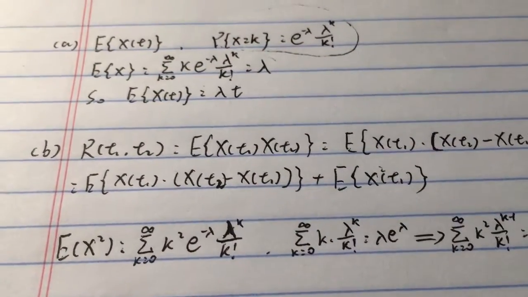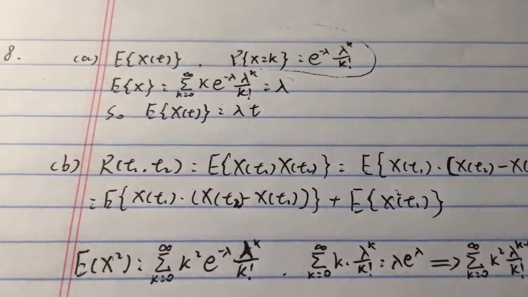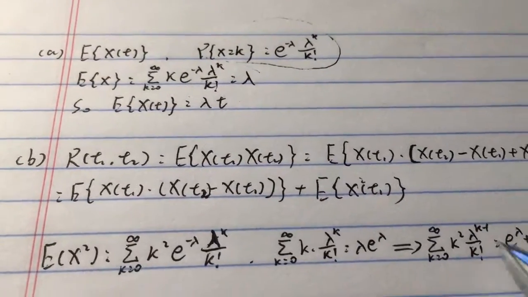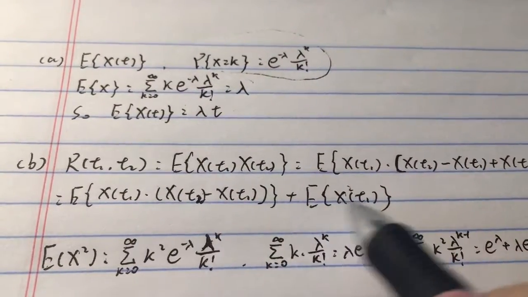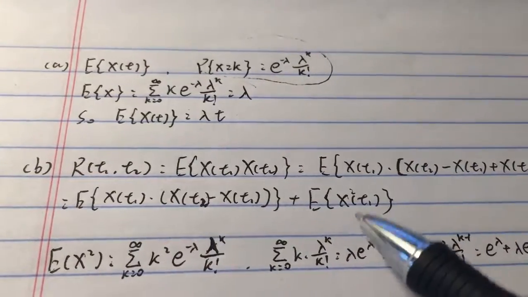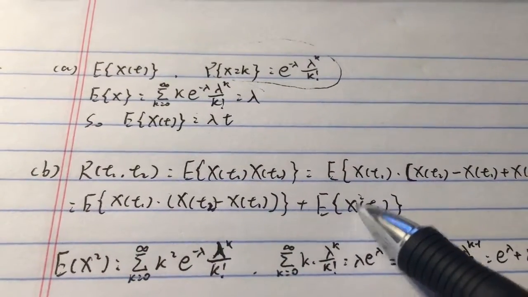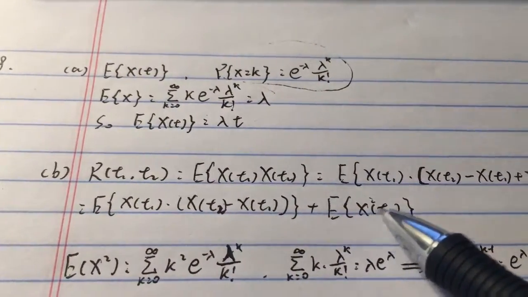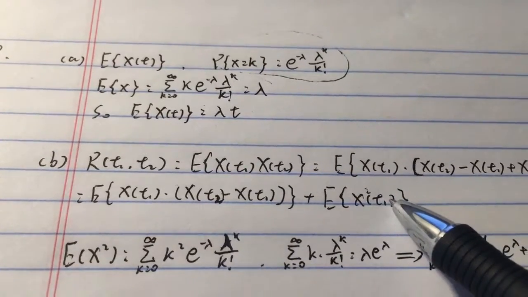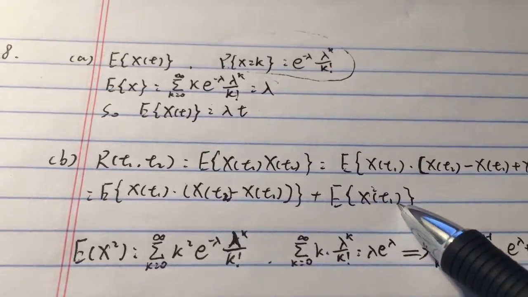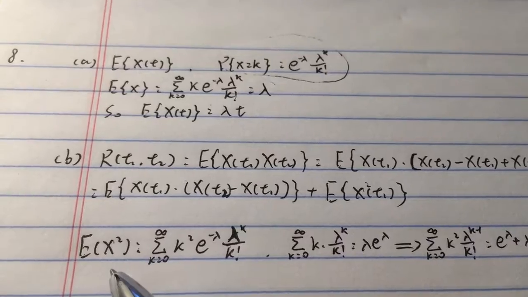From this equation, we need to calculate the mean of the square of xt1, so we need to do some transformation.